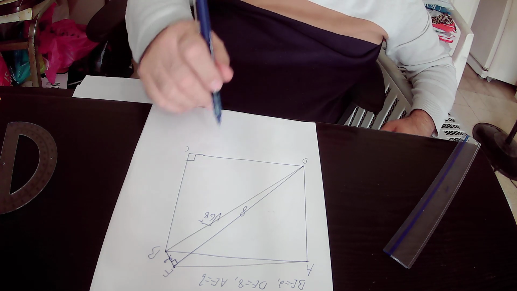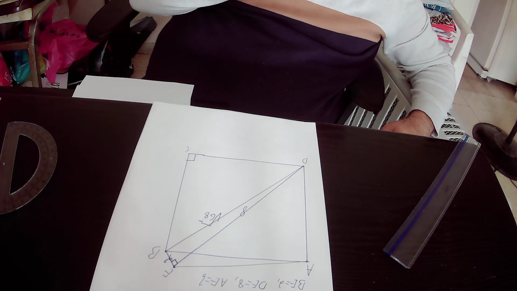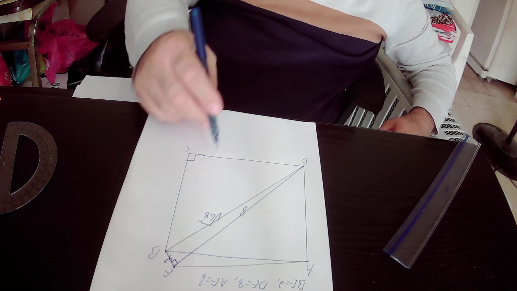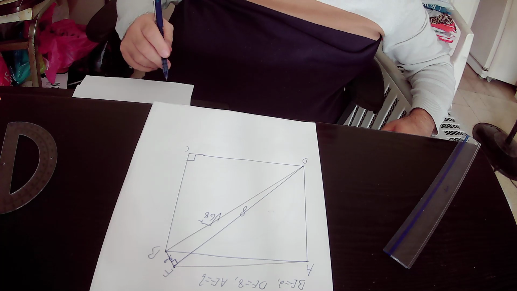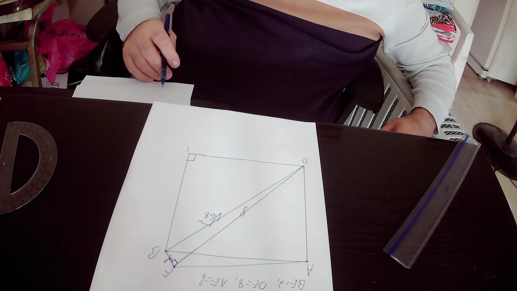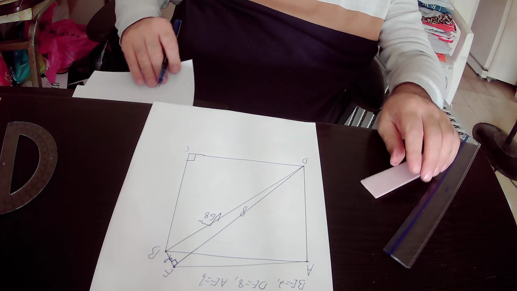So if you focus, triangle DBC is a right triangle, and we also have a rule. I will present to you a new rule, rule number 1.